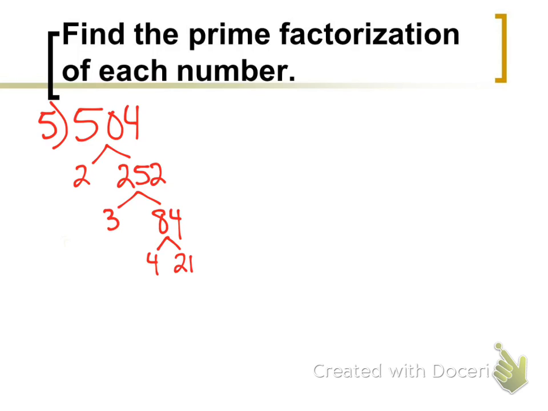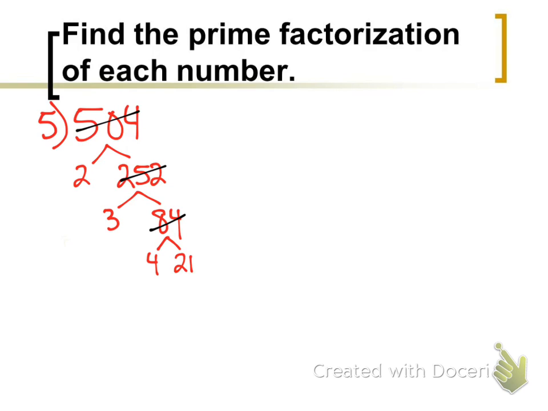4 and 21. So this is a situation that we haven't seen yet, so I'm glad we're going here. Again, if you want to cross off the numbers that you've used up, you can do that. You don't have to. Can we break down 4 more? Yes. Can we break down 21 more? Yes. Both of our branches now can keep getting broken down.